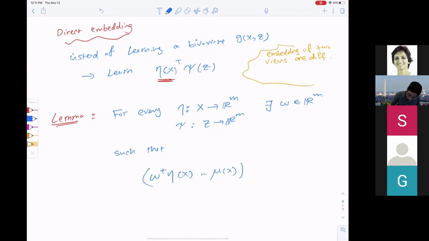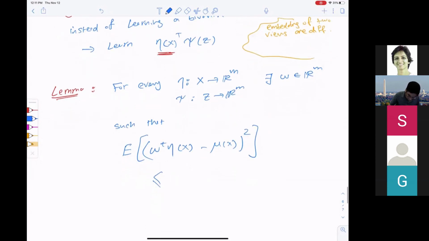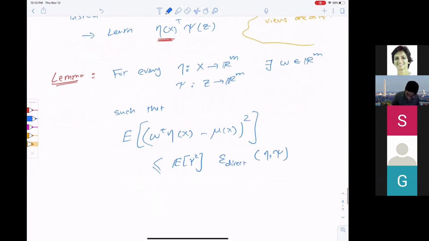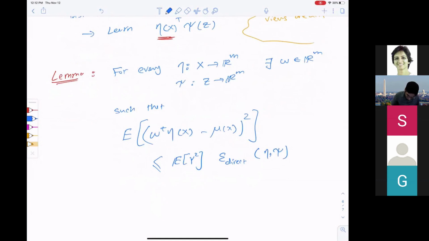Right? So if I look at the error that I'm going to see, that error is bounded by what? The variance of y, that's the constant, times an error called epsilon direct, which is a function of eta and psi. And what is this epsilon direct?